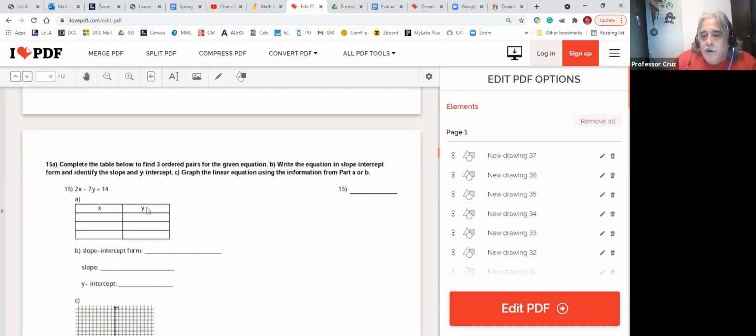Now, the first thing they ask us to do is to put it in slope-intercept form. So what I'm going to do is I'm going to solve this one for y.